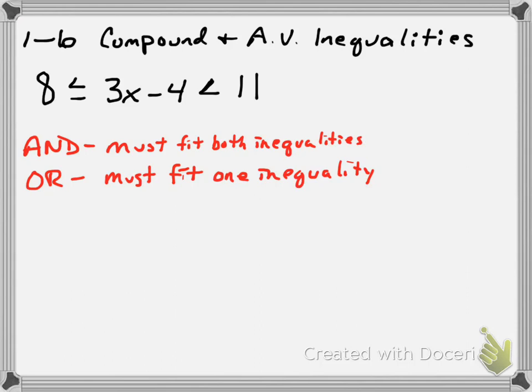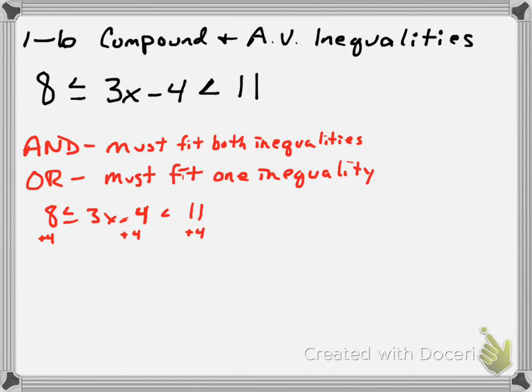Okay? So, if we're going to solve this, we're going to need to get that x by itself, so we're going to add 4. All right? If you're going to add 4 there, you're also going to add 4 with the 11 and the 8. So for the 3 sections of the inequality, you're going to add the 4 to all 3 sections.